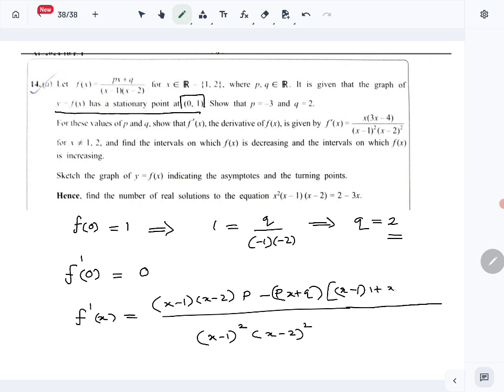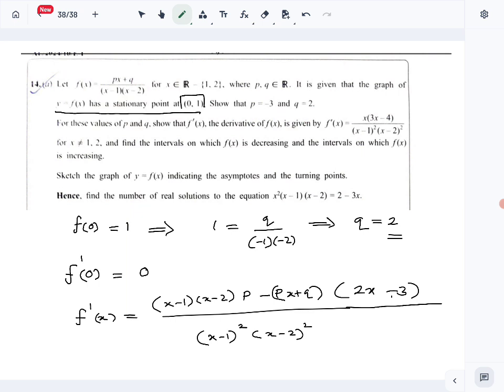Then keep (x minus 2) and take the derivative of (x minus 1), that is 1. So that inside part we just simplify. Sorry, this is not plus 2, this is minus 2. So we get 2x minus 3 as that derivative. So that is the derivative.